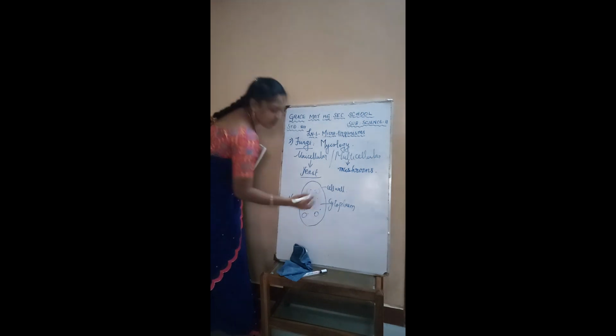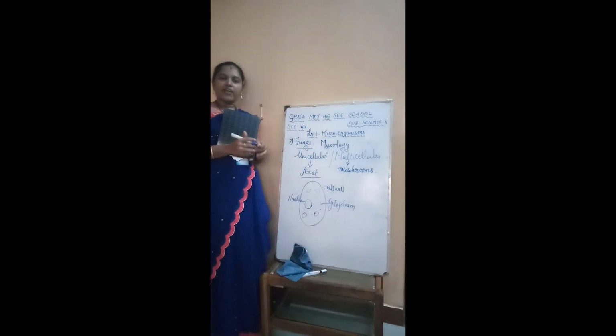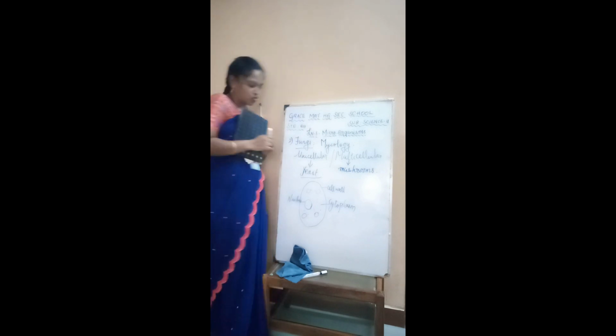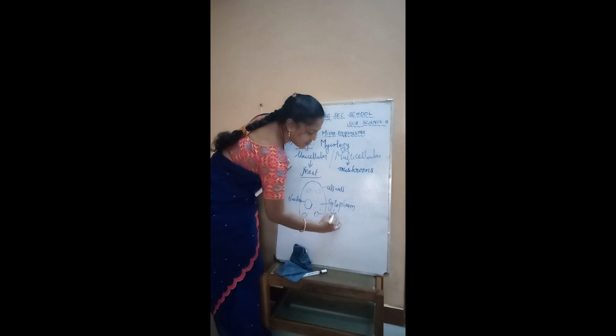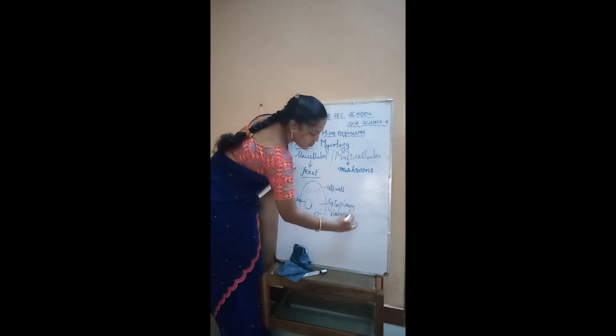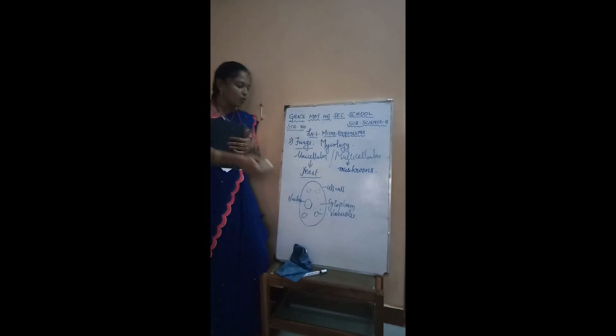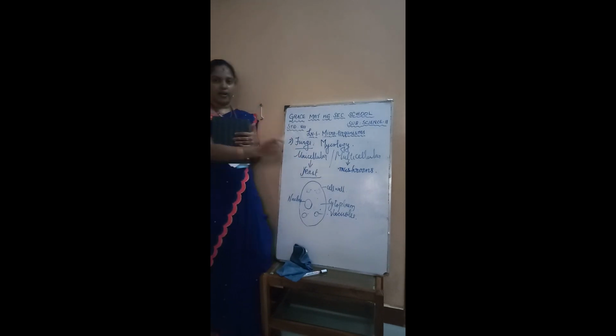What is the use of the vacuole in a cell? Vacuole is nothing but a storage tank. It stores the food substances for energy production. So these are all called vacuoles. So yeast is a very good example of unicellular fungi.